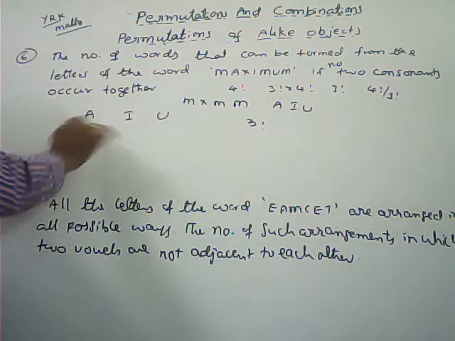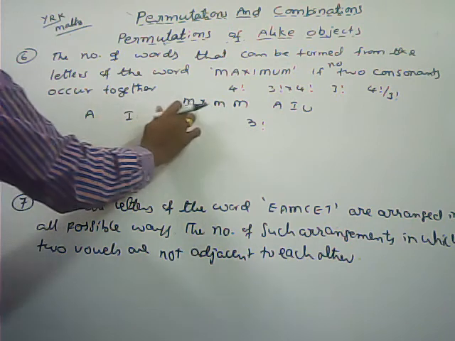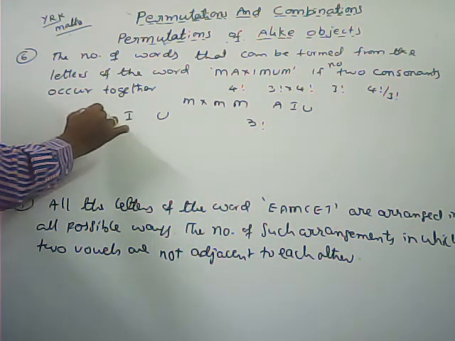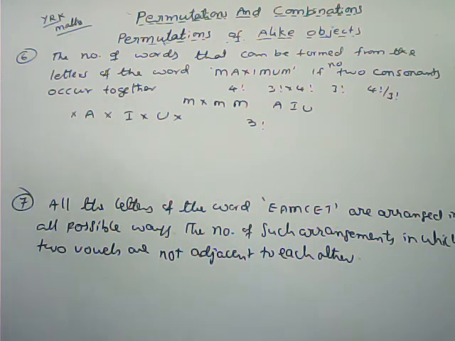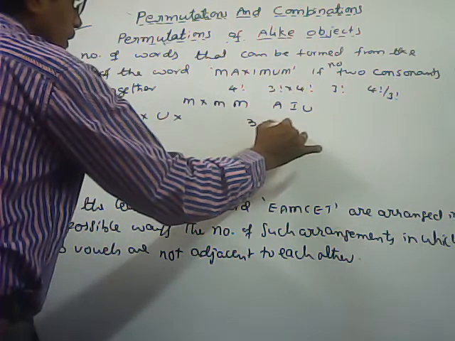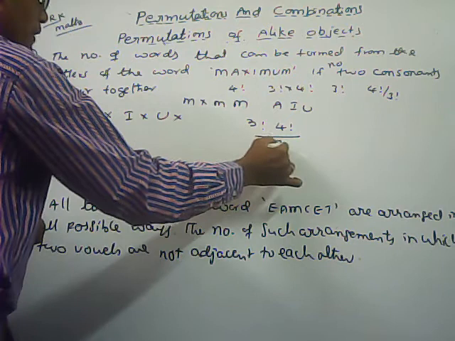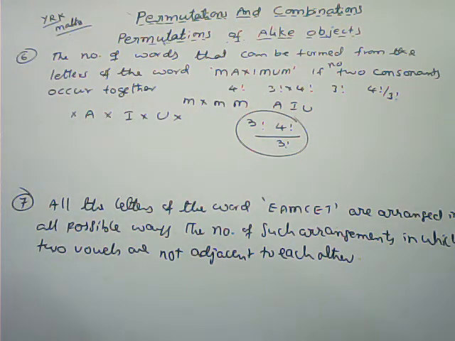These 3 can be arranged among themselves in 3 factorial ways. Now here total how many consonants are there? 4 are there. So here 4 blank places are there. 1, 2, 3, 4. If I arrange those 4 in these 4 places, that can be done in 4 factorial, upon here 3 are alike of one kind, by 3 factorial. That is equal to total how much we are getting? 24.